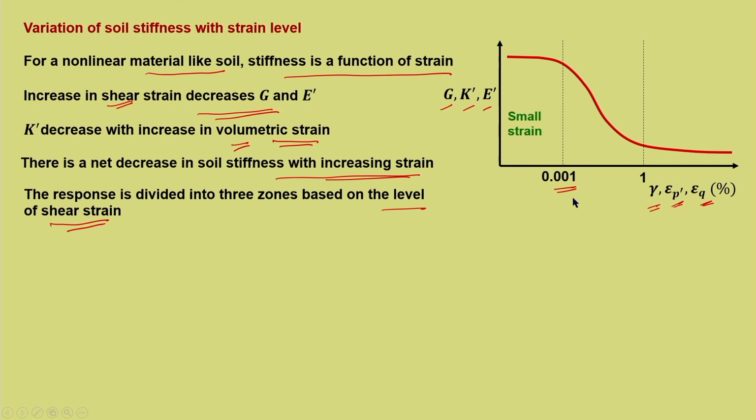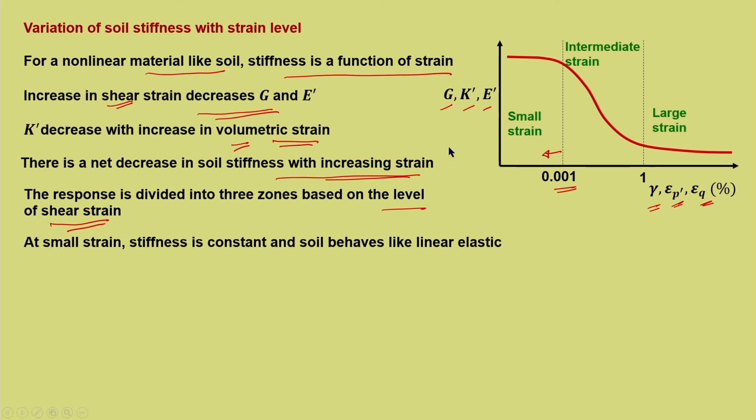So, the strain which is less than 0.001 percent is considered small strain, 0.001 to 1 percent is intermediate strain, and greater than 1 percent is large strain. So, you can see that even a very small percentage of strain itself is considered a large strain. In general discussion, it is considered like that.